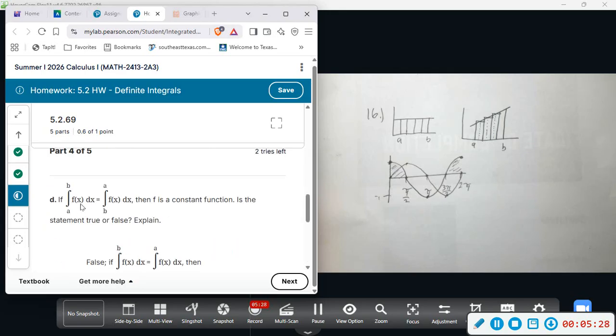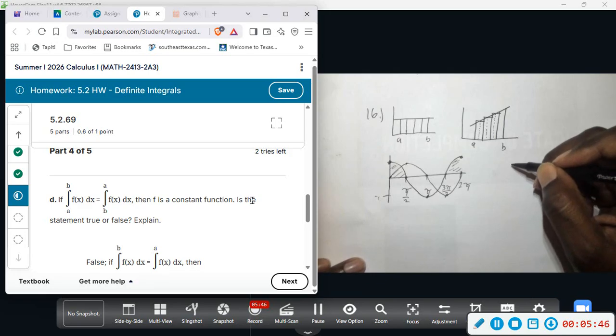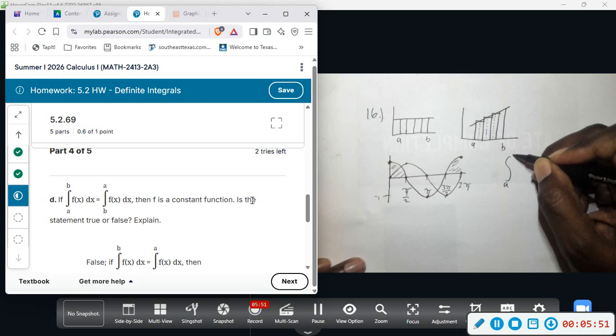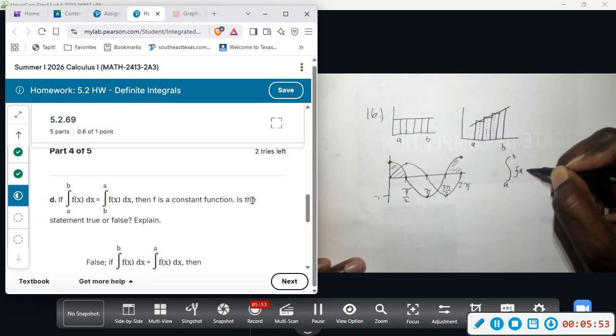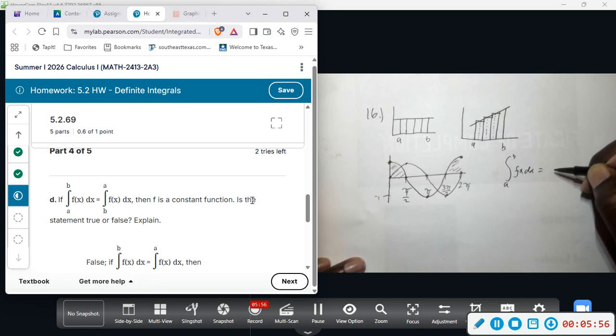All right, part 4 says if the integral from a to b of f(x) dx is equal to the integral from b to a of f(x) dx, then f is a constant function. I wouldn't say that it's a constant function if those are the same. The only number that stays the same when you negate it is 0, because the integral from a to b of f(x) dx is the negative of the integral from b to a when you flip the limits.